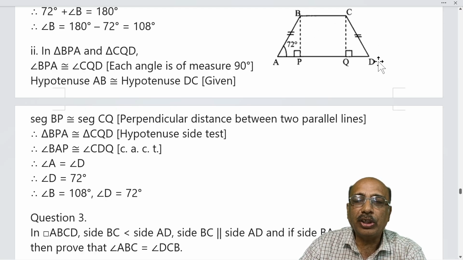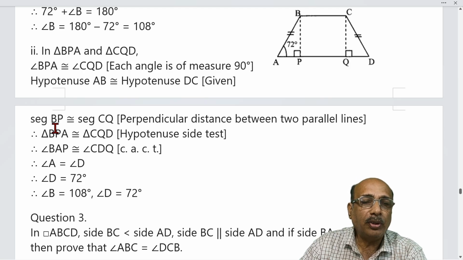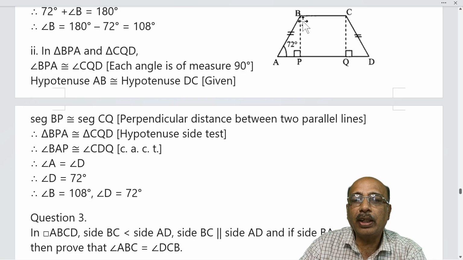AB is congruent to CD, given, that is nothing but the hypotenuse in the two triangles, and segment BP is congruent to segment CQ, the perpendicular distance between the two parallel lines. As you know, between two parallel lines, the distance between them is the same.